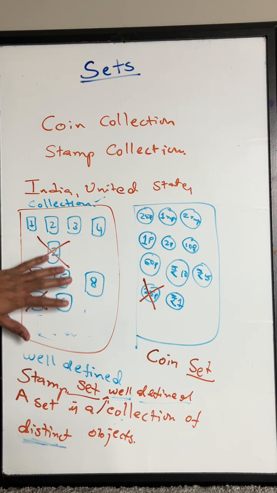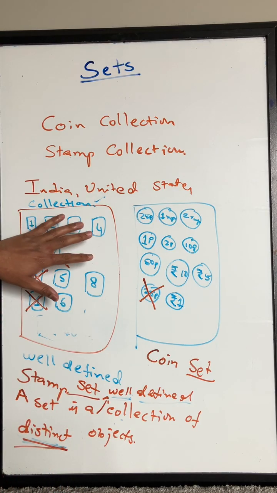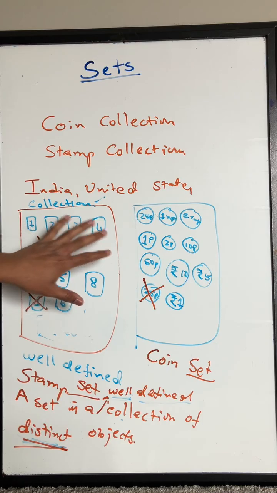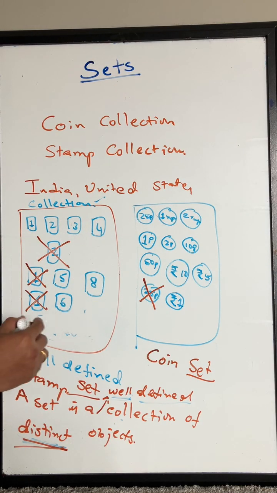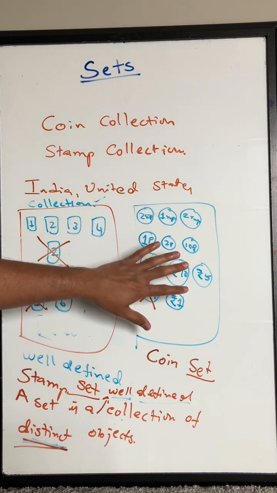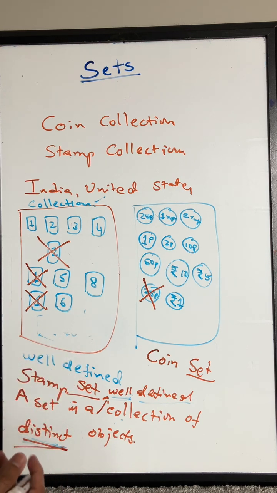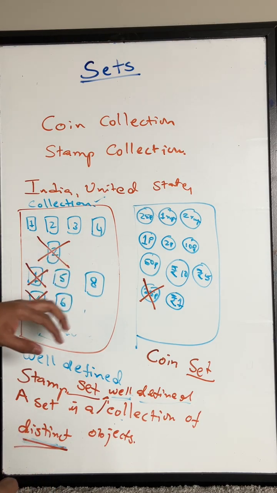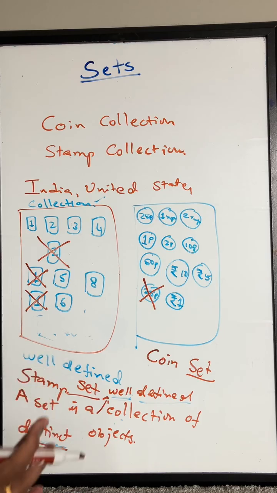So after removing all the duplicates, distinct means unique. And they should not be the same. So all the elements should be different from each other. So it became a set. So now it is a stamp set and this is a coin set. Now we got to know the definition of a set. Whatever collection you have, we can call it a set by removing duplicates, and you should well define what is in that box or in the collection. Okay.